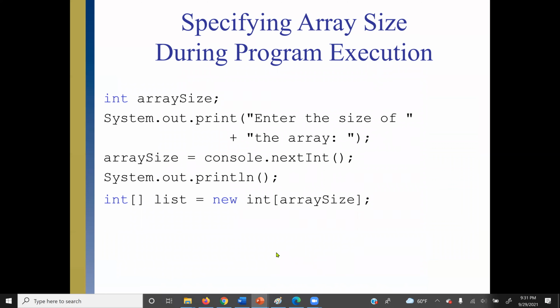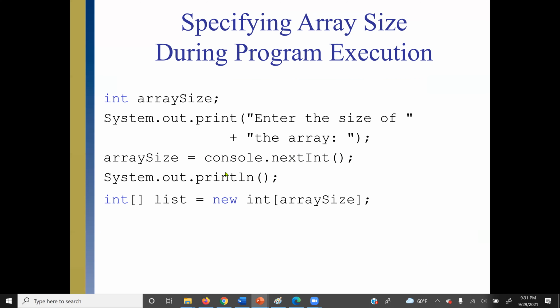Now here we can specify the array size during program execution. For example, here we have a variable named arraySize. This variable will tell us the size of the array. Next we have System.out.print, giving the instruction that we should enter the size of the array.